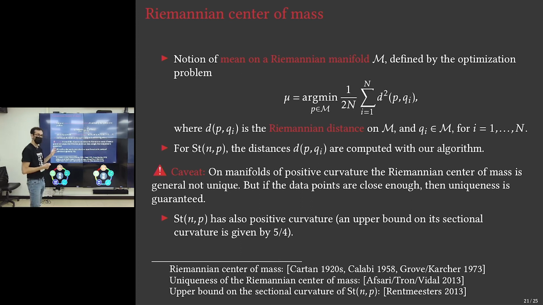The Stiefel manifold also has positive curvature, but we have theoretical results that guarantee that if the data points, the qi, are close enough to each other, then uniqueness is guaranteed. For these theoretical results, for example, you can see this paper by Afsari, the first author, who also has other papers about this.